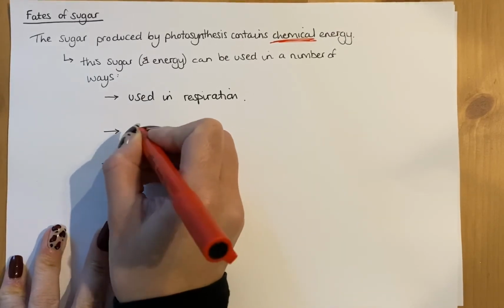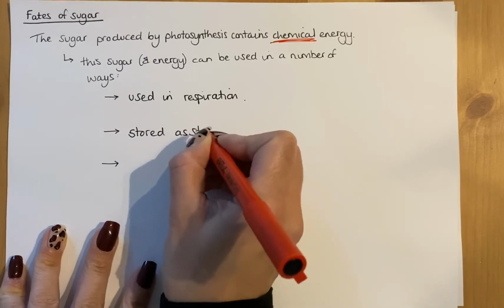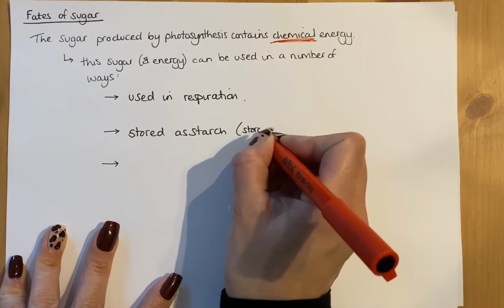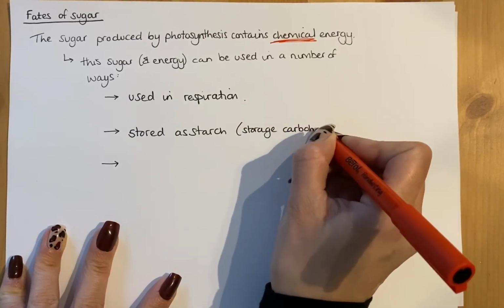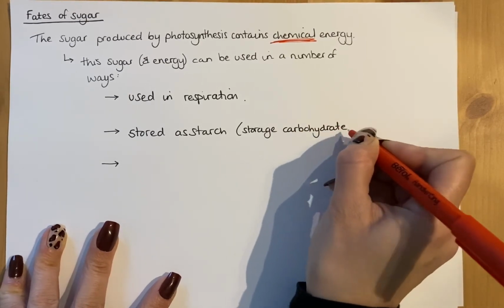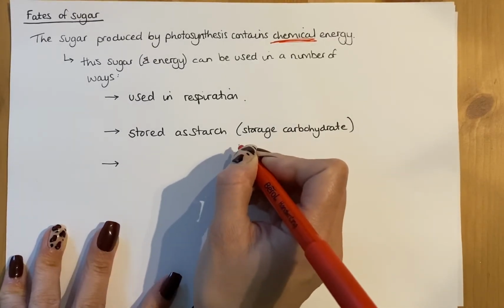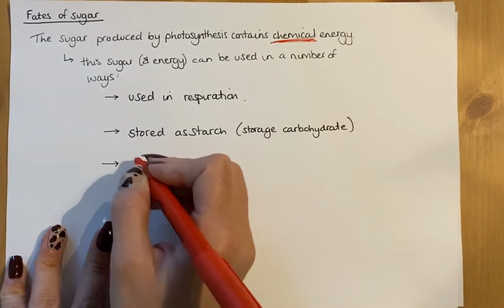So it is stored as starch, which is known as a storage carbohydrate. Sugars, starch, and the next one are all carbohydrates because they contain carbon, hydrogen, and oxygen. So it's stored as starch, which is why we can detect whether a plant has been photosynthesizing by testing it for the presence of starch.